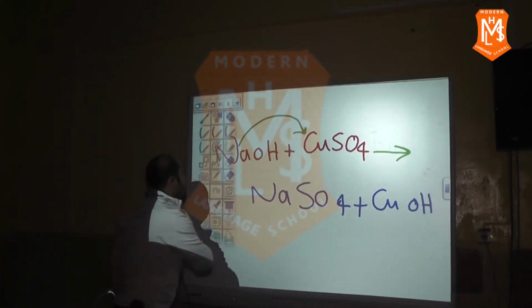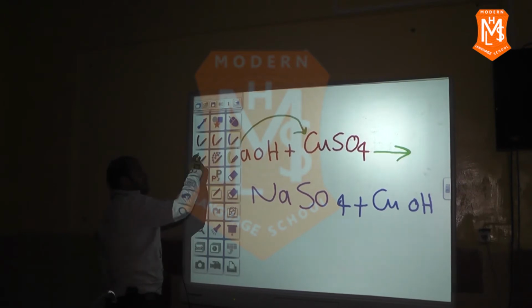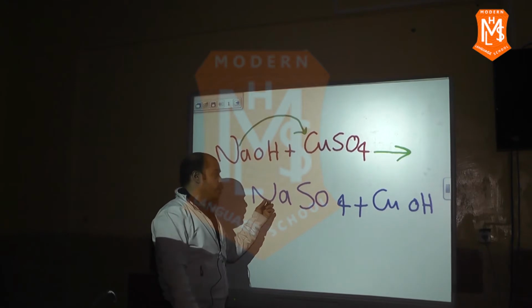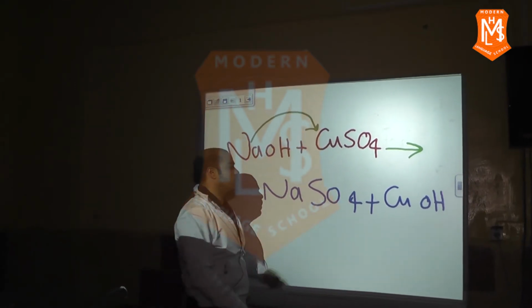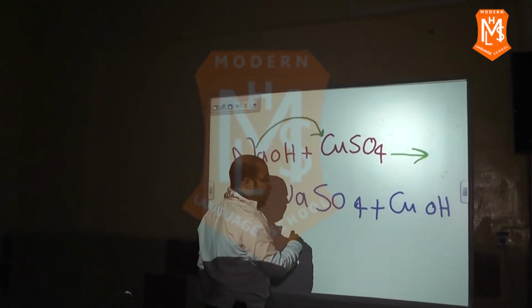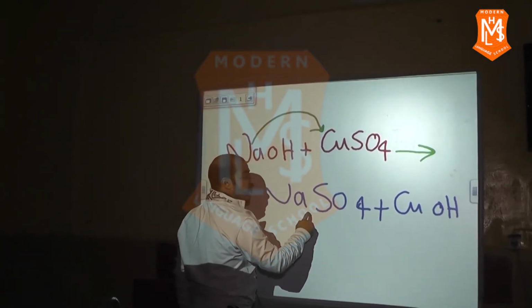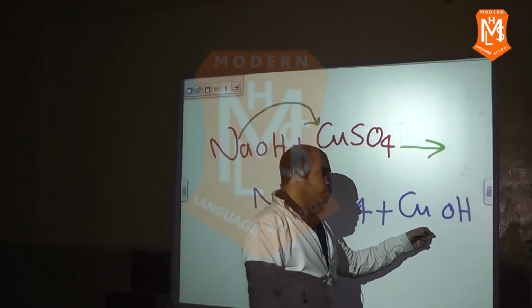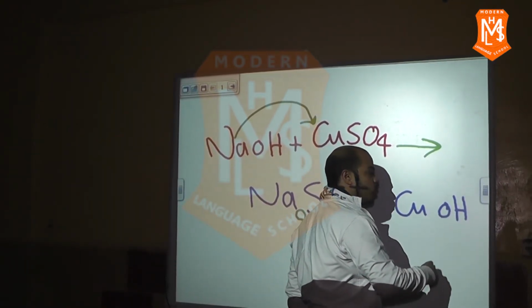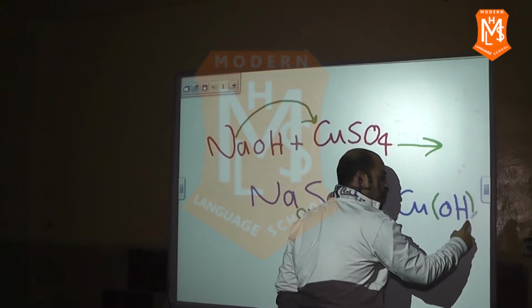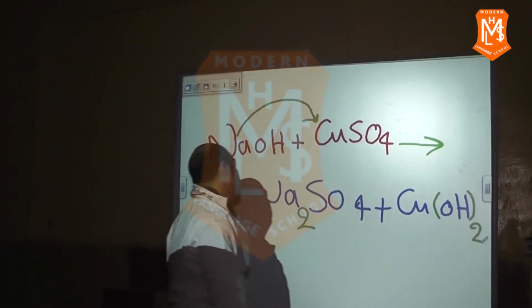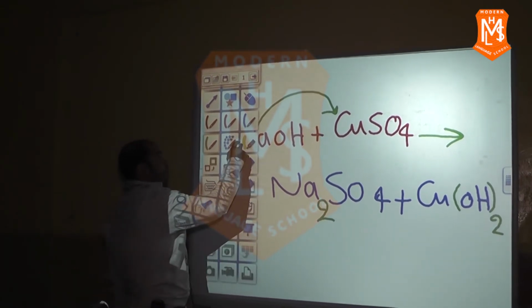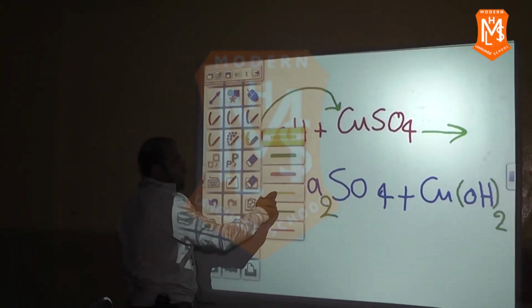But to write the balanced chemical equation correctly, we must write the correct formulas. Sodium is monovalent while sulfate is divalent, so we must write Na2SO4. Copper is divalent while the hydroxyl group is monovalent, so we put a bracket with 2: Cu(OH)2.